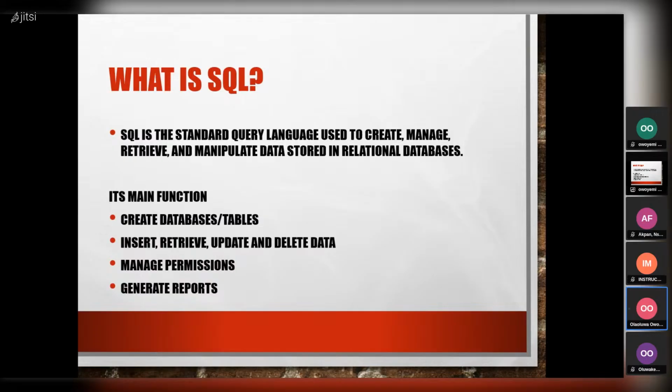To create databases and tables, insert new records, retrieve data, update existing data and records, delete records, and manage users and permissions. An example is a bank: when we log in to our mobile app, the login retrieves the stored data. It is also used for performing calculations, generating reports, and analyzing data.